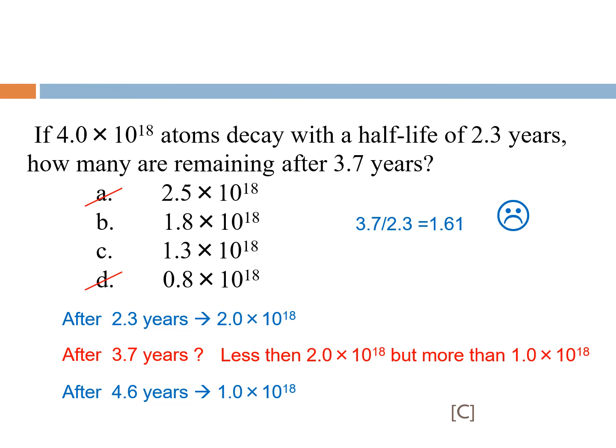Now this is a logarithmic relationship, so it's not linear, so it's a bit risky, but I may reason that 3.7 is much closer to 4.6 than it is to 2.3. So I would expect that the number is not going to be 1.5, but lower than 1.5, right?